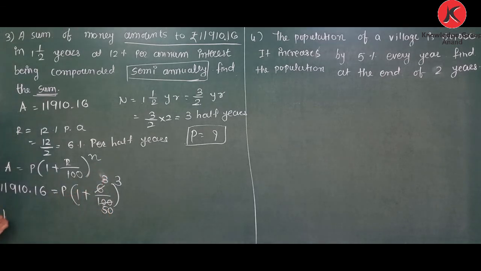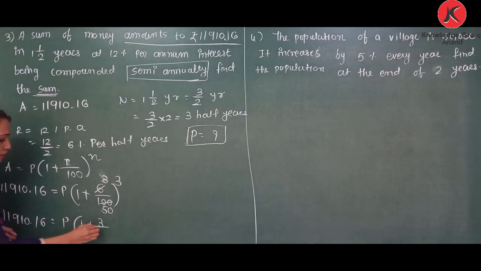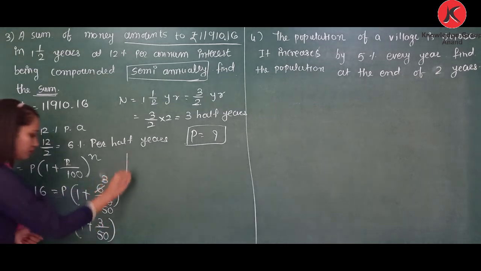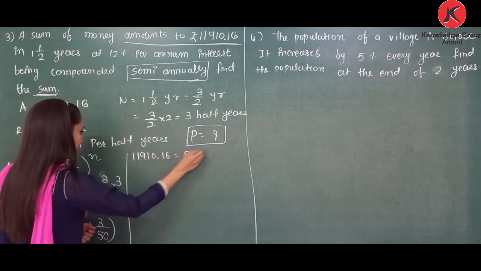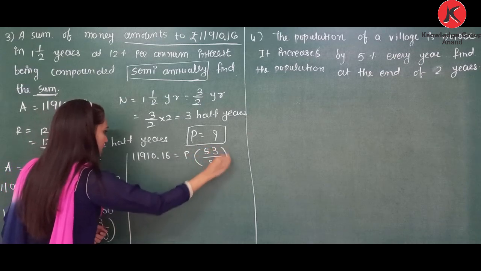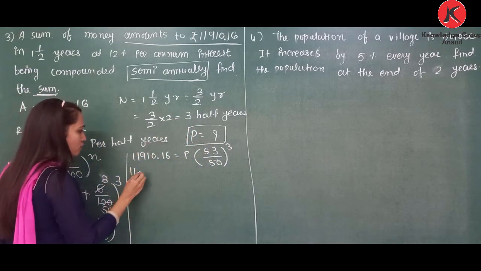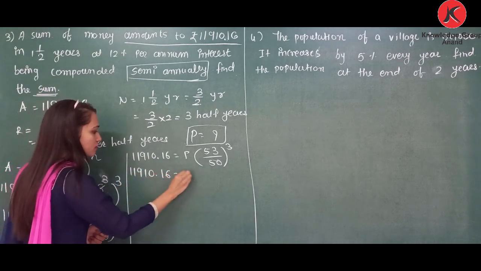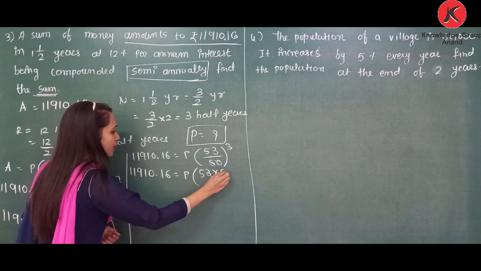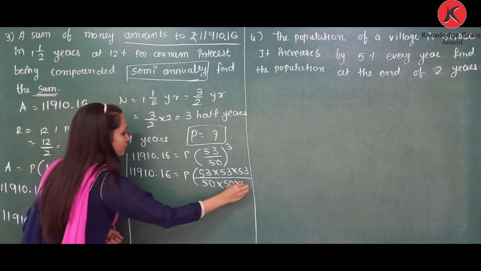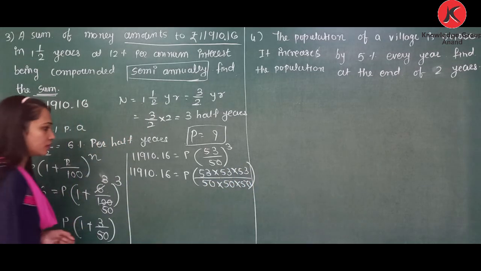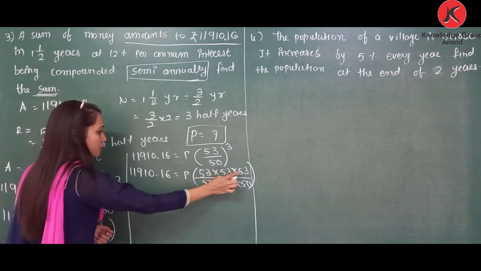So 2 is the common factor. 11910.60 equals P times (1 + 3/50)^3. So 50 ones are 50 plus 3, 53, by 50. This means 11910.60 is equal to P times 53 multiplied by 53 multiplied by 53, divided by 50 multiplied by 50 multiplied by 50. So take this 53, 53, 53 and divide.